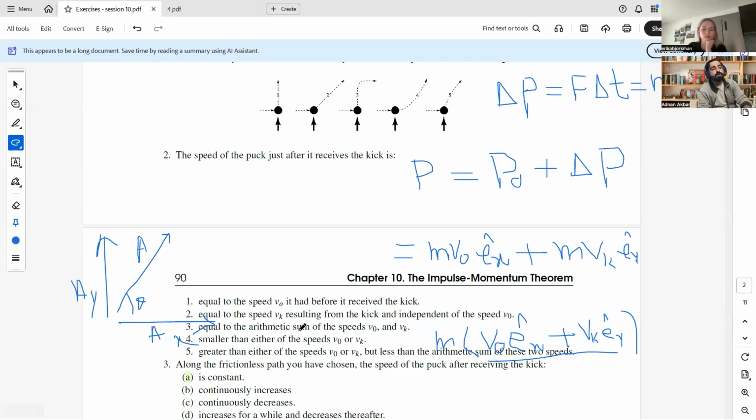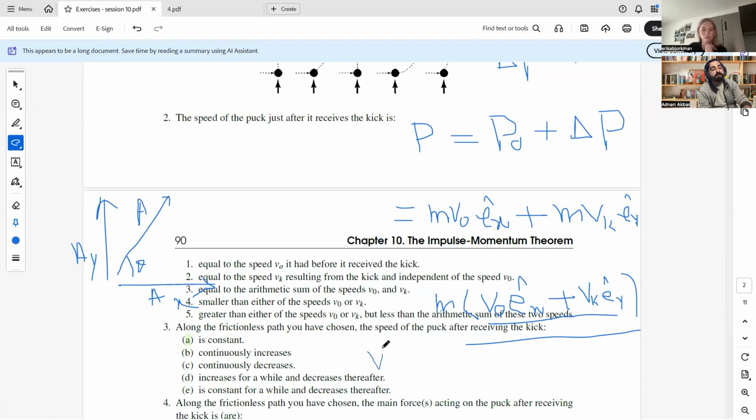Here we actually have two components representing a single velocity vector, so we can say vector v is equal to v naught e x plus vk e y, and it is representing the components of some velocity vector, that is v.